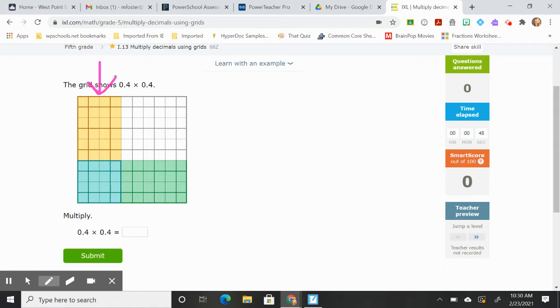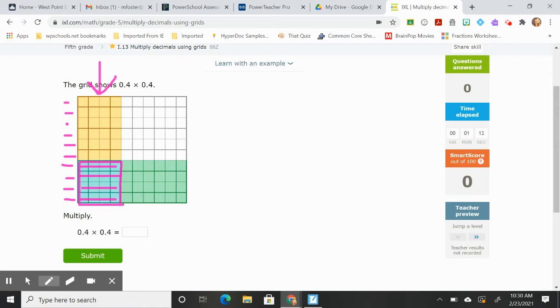If you look, there's 1, 2, 3, 4, 5, 6, 7, 8, 9, 10 parts there, and we're taking 4/10 of that orange part. This is our answer. That is 1600ths.